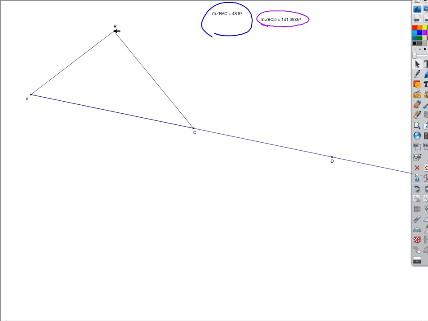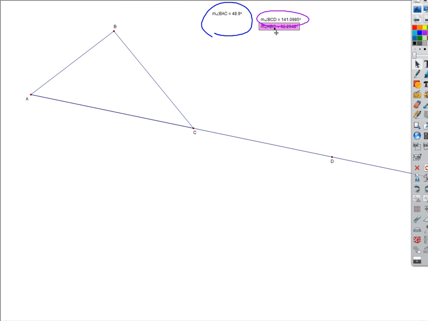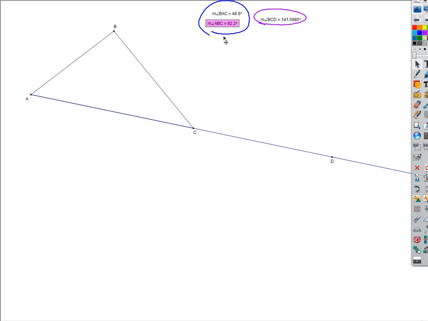And we want to measure this one, A, B, C. Okay, much better.